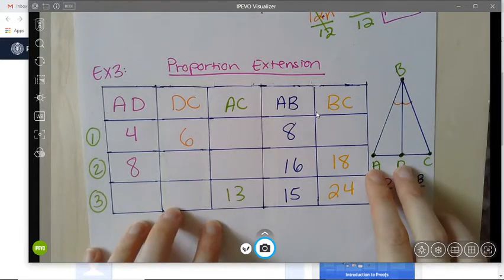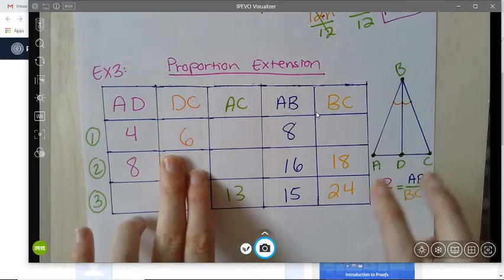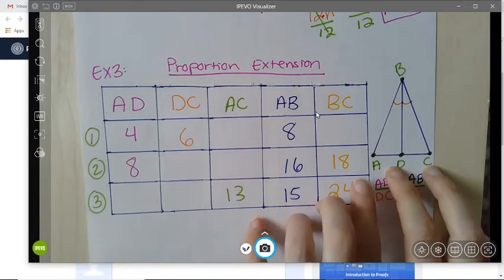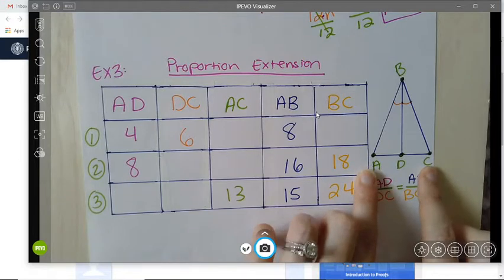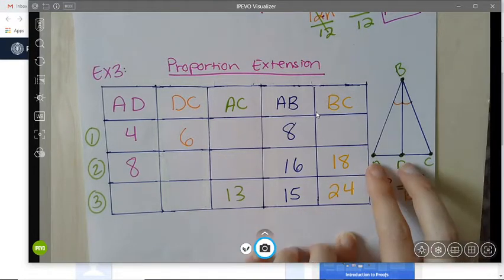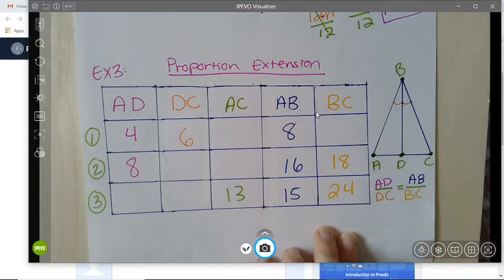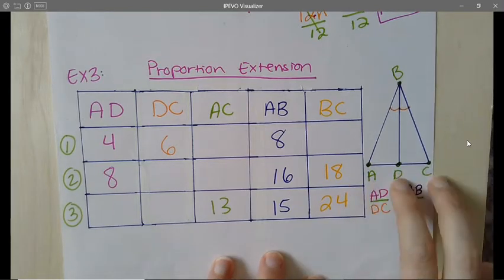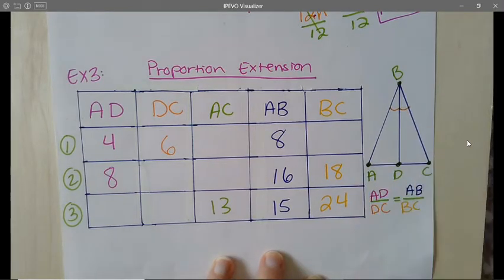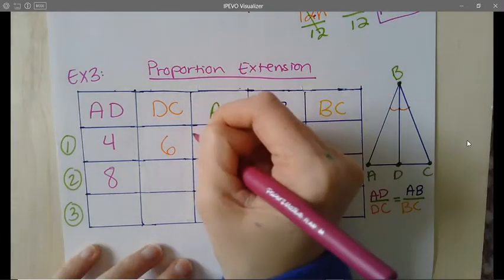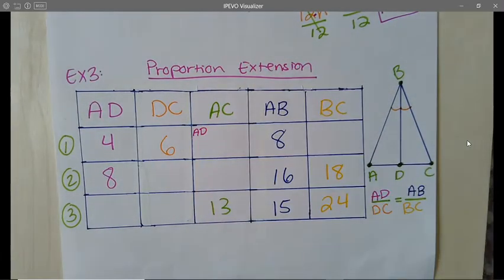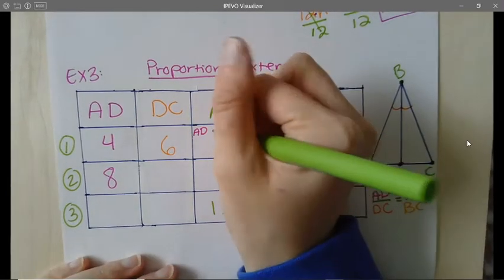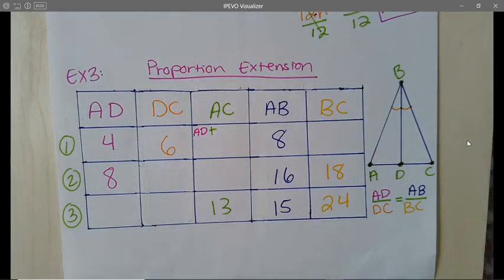So I know AD is 4 and DC is 6. If I know AD and DC, how can I find AC? Well, if I know these 2 pieces, using the segment addition postulate we can find the length of the entire segment. So I know if I add AD plus DC, that will give me AC.